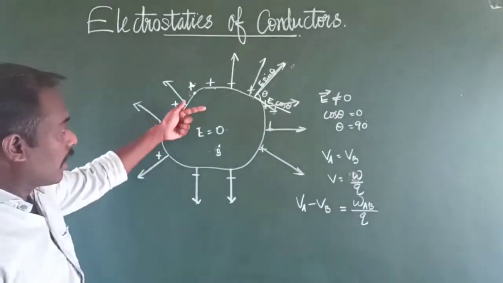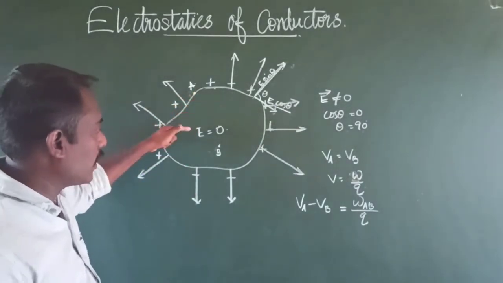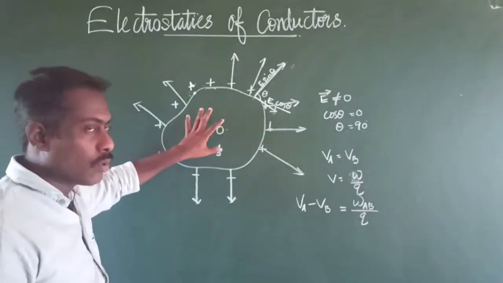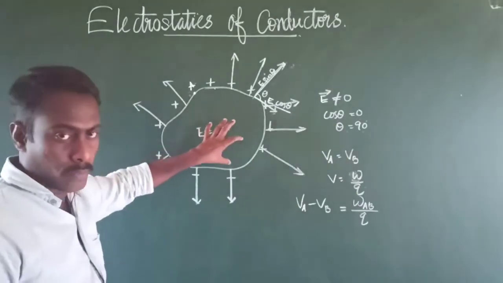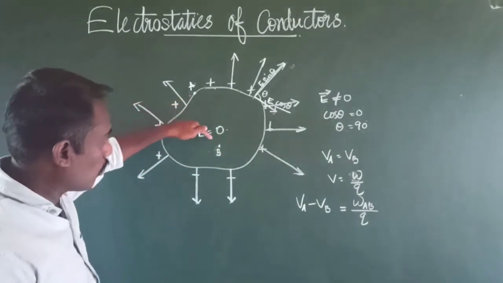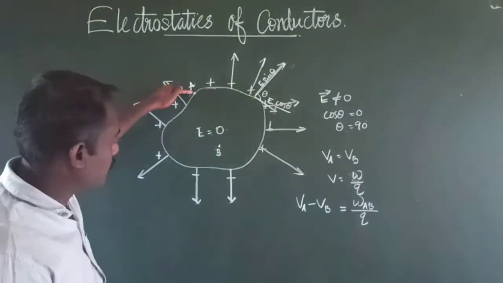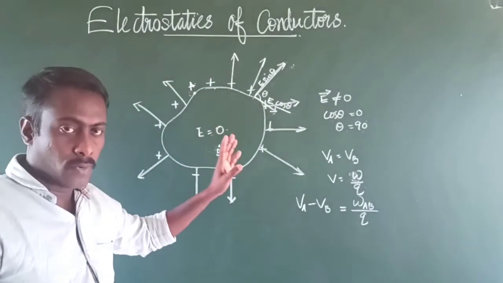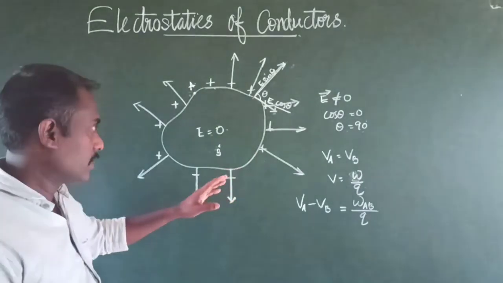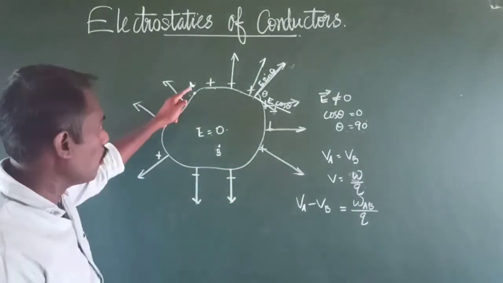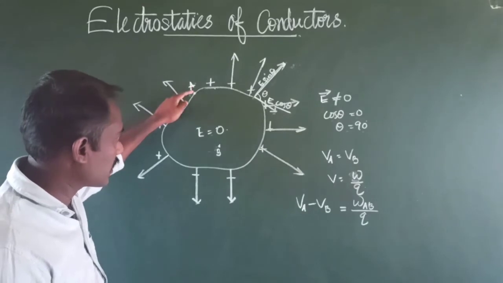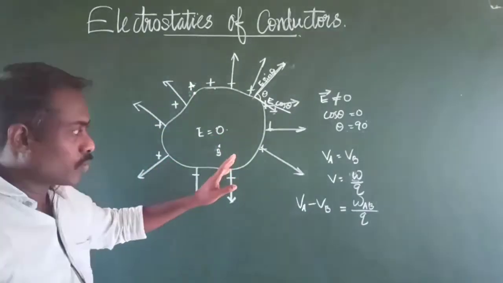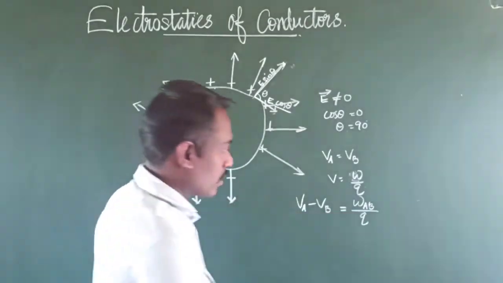So here, as we have already seen, there is no electric field inside the conductor. That means the electric field is zero. So if there is no electric field, when a point charge is brought from the point A to B, no external force is required. That means no work is done when a point charge is brought from the point A to B. So the work done is 0.